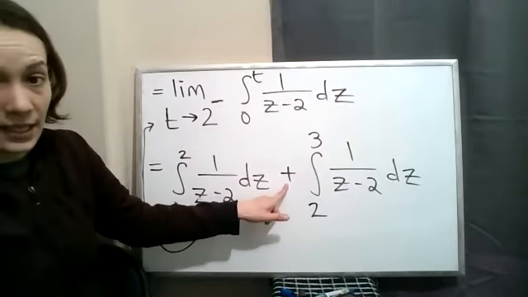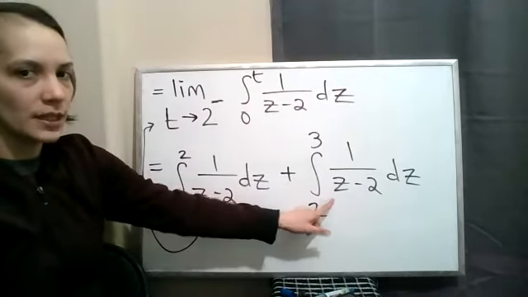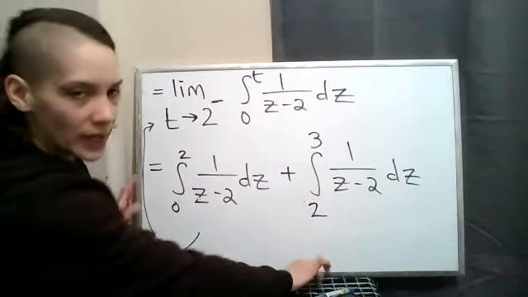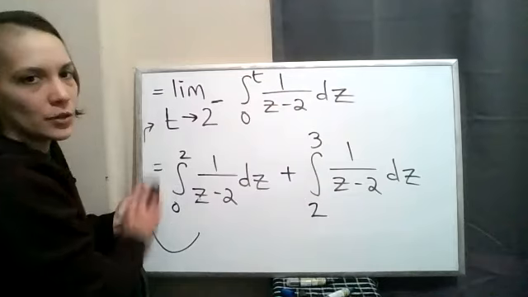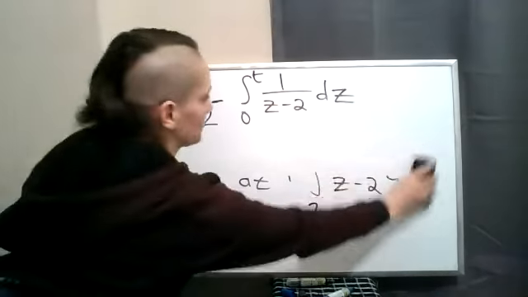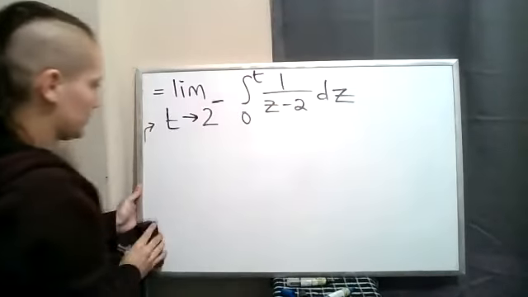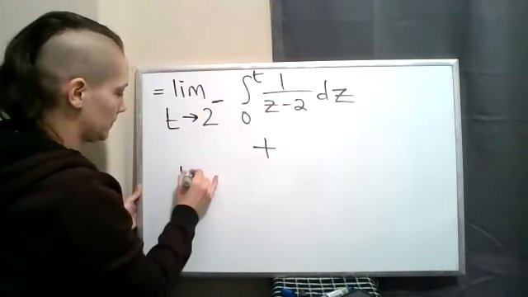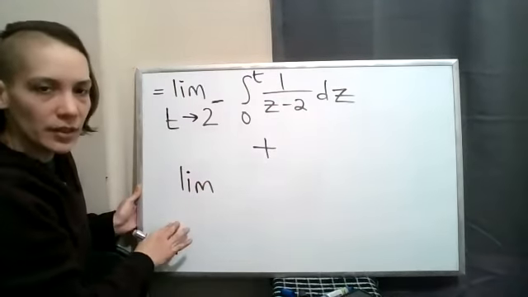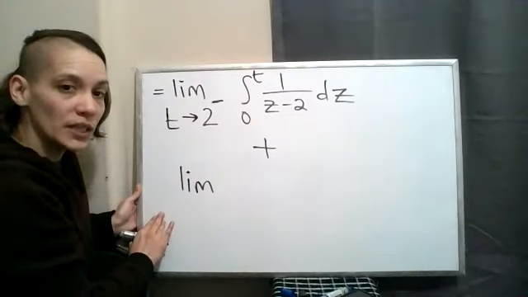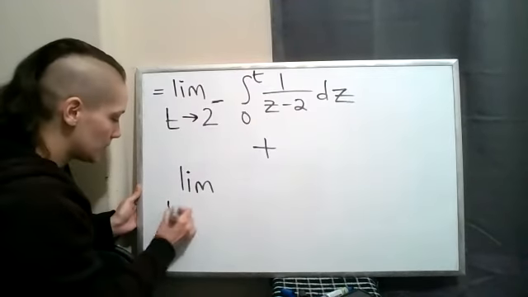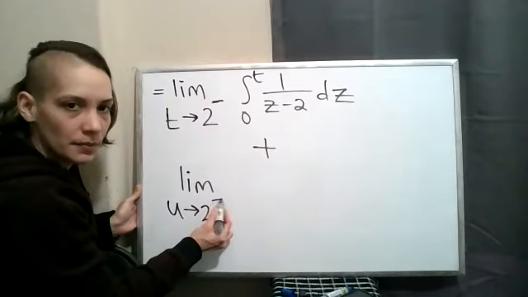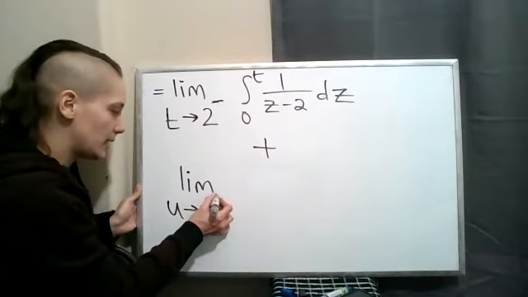Okay, and then add the other integral. For this side, we're approaching 2 from the right. Let's make another variable. We're going to have the limit as u goes to 2 on the right side. So in the exponent, put a plus sign.